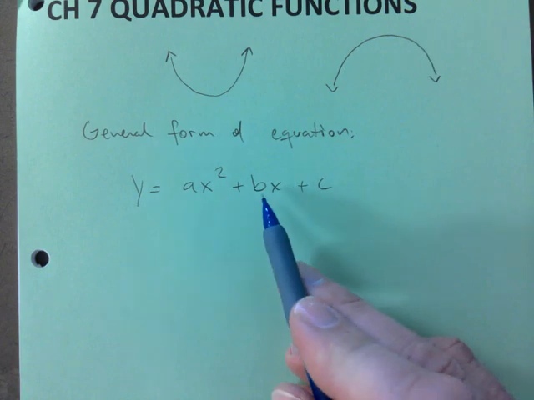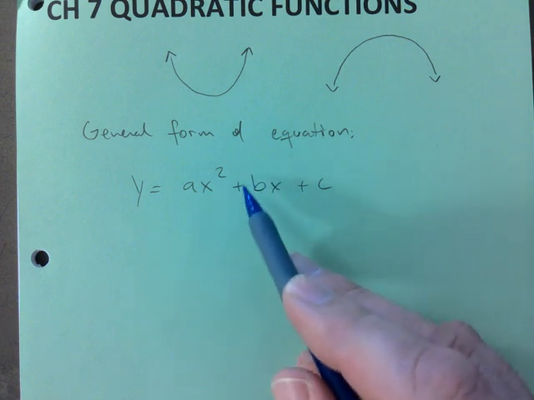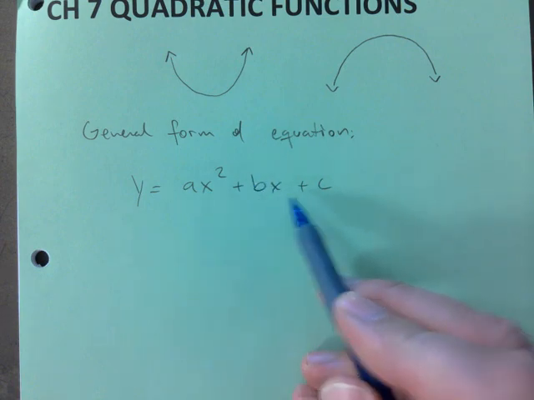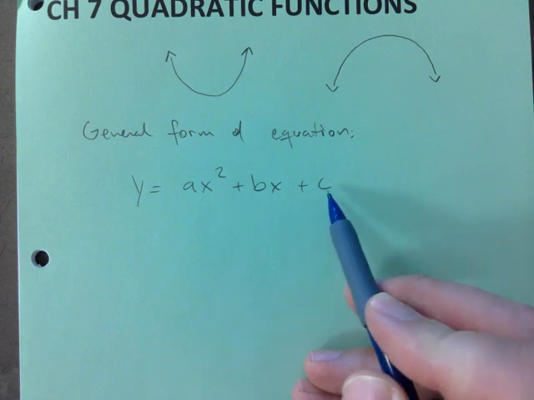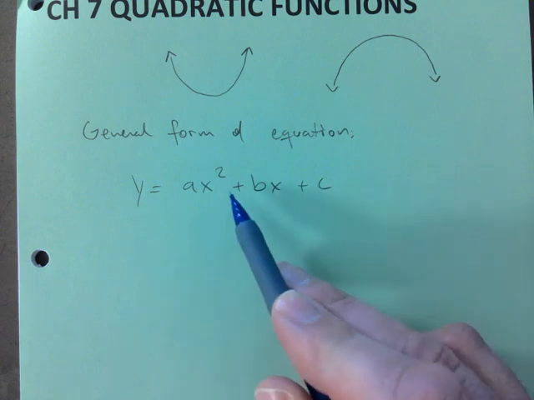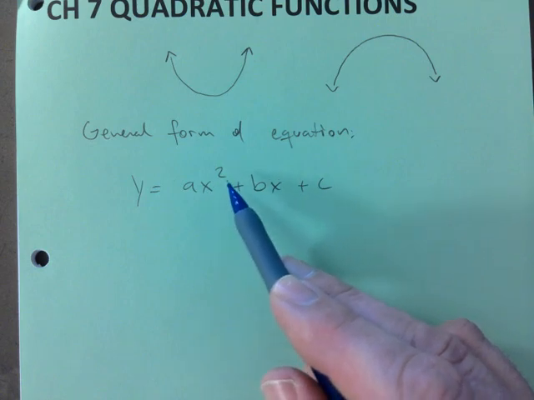Granted, b could be 0, so the x component could be missing. c could be 0, so sometimes you don't have the b and the c, but you most definitely need the x squared component for you to have a quadratic.